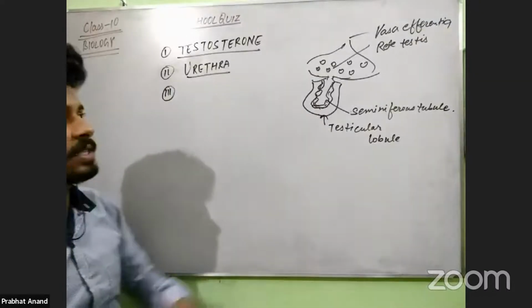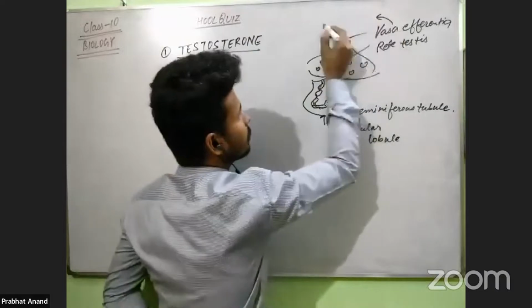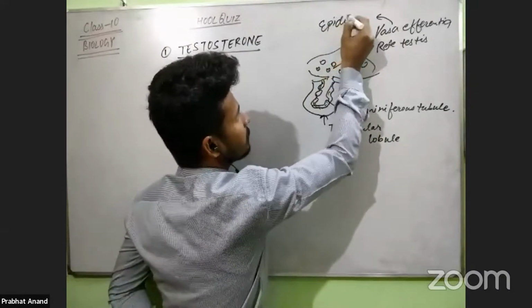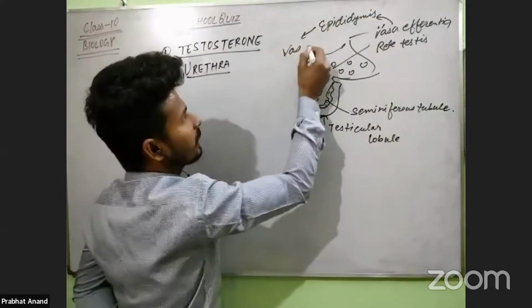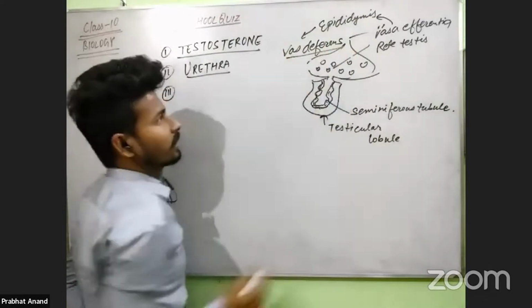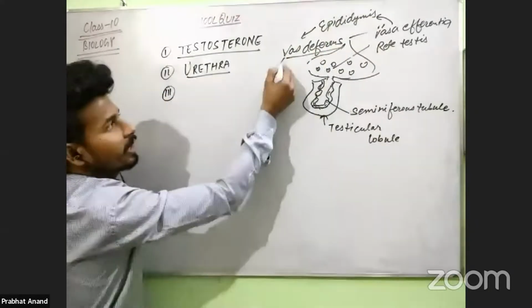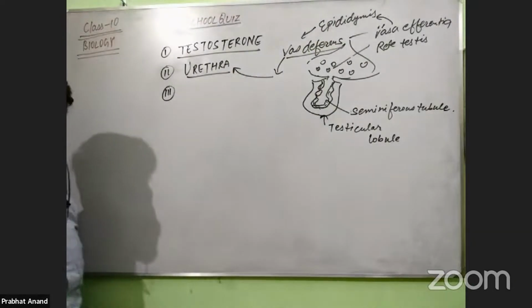After the vasa efferentia, it goes into the epididymis, and then it goes into the vas deferens that we call the sperm duct, right? From the sperm duct, it passes into the urethra, and then it goes out from our body.